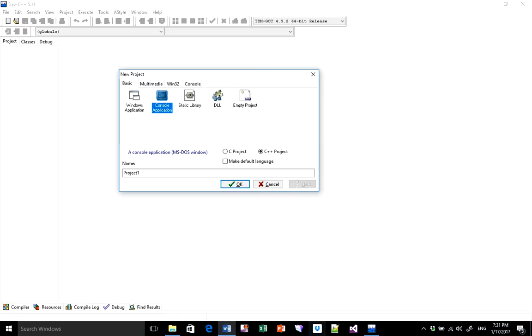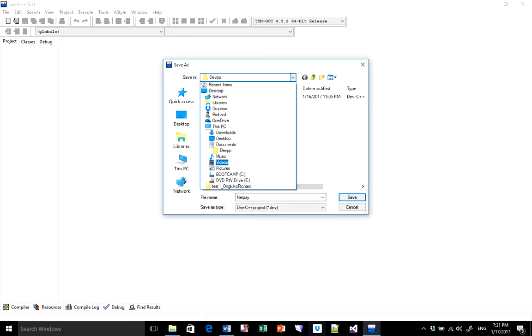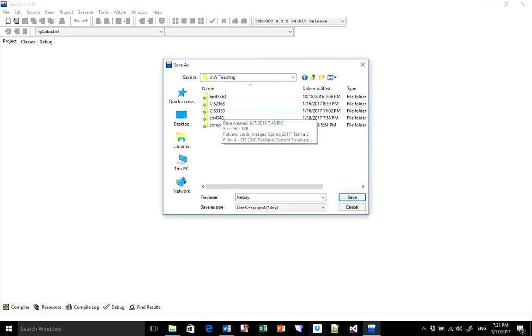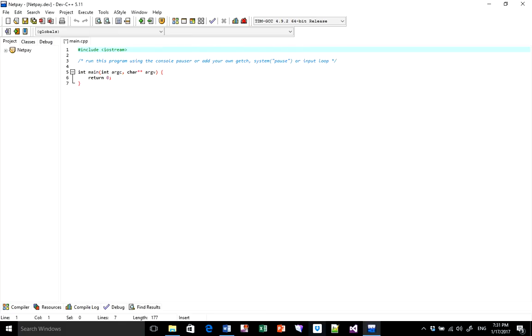A Windows console application, we're going to call this one NetPay. And I'm going to save it inside my Dropbox, so that I have CIS, a new folder, projects, save.